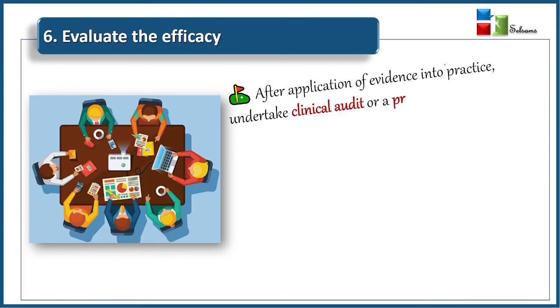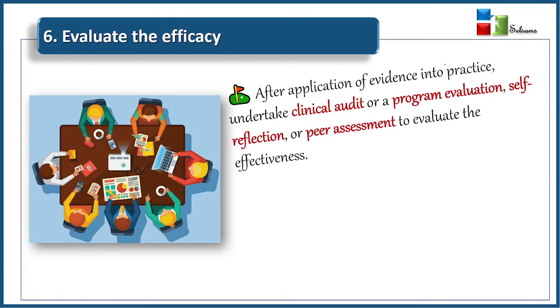So evaluate the efficacy. How will you find out whether your procedure is being done well or not? It's by the clinical audit. So clinical audit might be internal or external also, like once in a year some organizations do, or once in 5 years they do it. So they check whether the procedures being done are right or wrong.